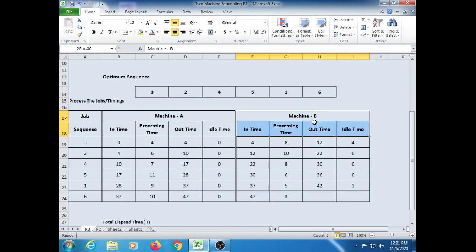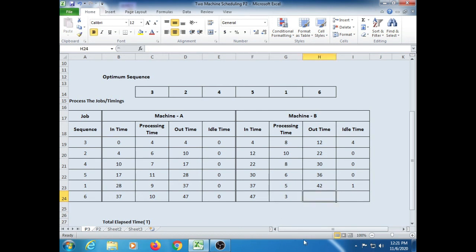Because the machine is ready at the 42nd hour, but there is no job to perform on machine B. At the 47th hour we have a job to perform on machine B, even though the machine is ready at the 42nd hour. So that's why we take 47 here. Between 42 and 47, we take the max value, that is 47. Simply we can say that.